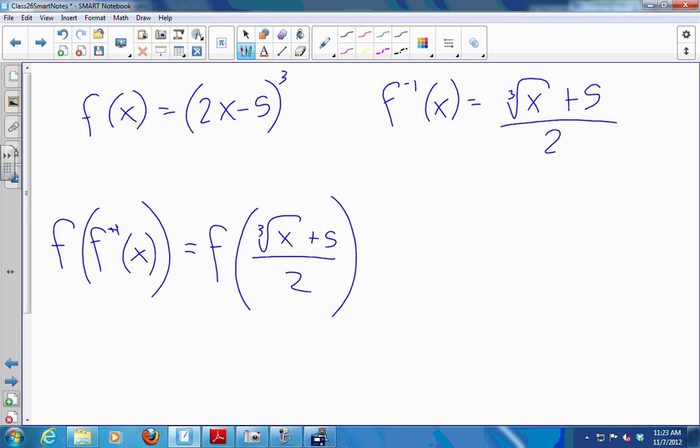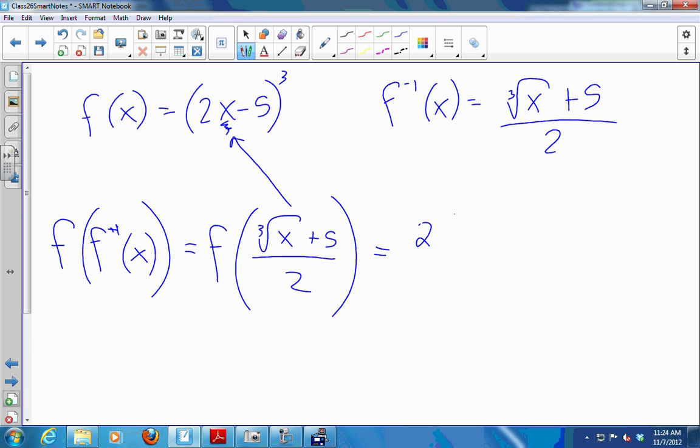So now what this is asking me to do is apply rule f to this input, right? So whatever I replace x with in the parentheses, I have to replace all the x's with in the formula. So if this said f of smiley face, it would be (2 times smiley face minus 5) cubed. But it's not a smiley face, it's this ugly formula thing, right? F inverse. So I'm going to replace this x with this formula.